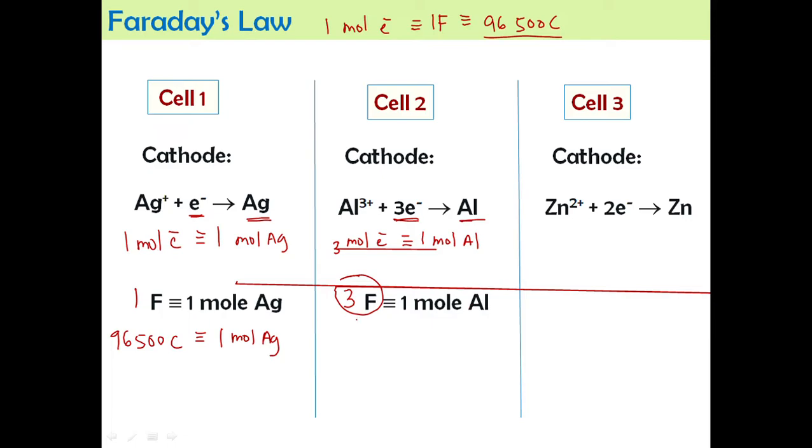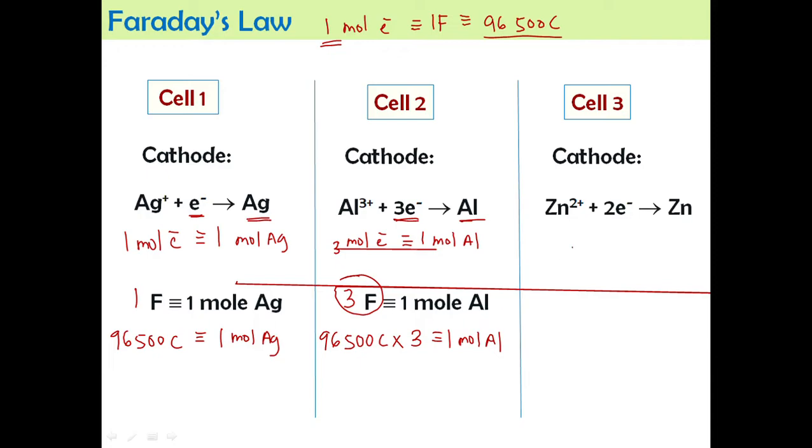So kalau 3 Faraday, berapa charge yang kita kena supply? We have to supply 96,500 coulomb times with 3. Sebab 1 mole 96,500. Okay? Jadi kalau ada 3 elektron, just darab dengan 3. So kalau supply this much of coulomb charge, baru dapat 1 mole aluminium.